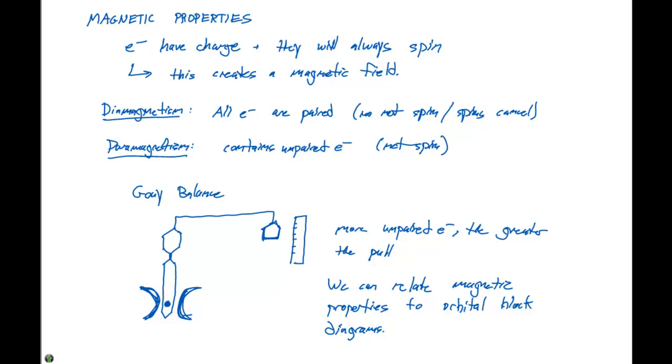And we can use the periodic table to help us determine what those orbital block diagrams would look like and how many unpaired electrons a particular atom will possess. And again, we'll come back to this concept in Chapter 9 when we look at molecular orbital diagrams. So these are the things that you need to think about when we're discussing magnetic properties.